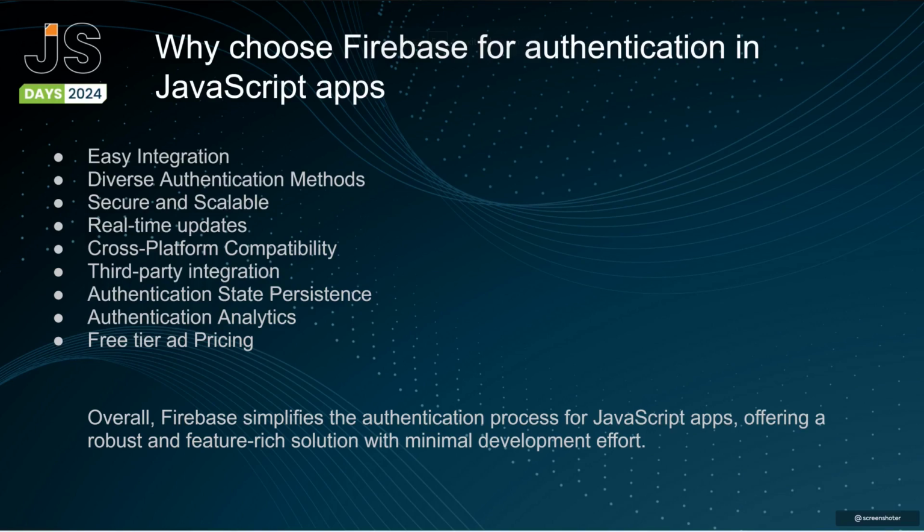You don't need to worry about the security and all the authentication system you would need to write on your server side. This platform will provide everything for you in a good way. You have real-time updates and third-party integration. If you already have a built-in authentication system, you can also integrate it with Firebase.